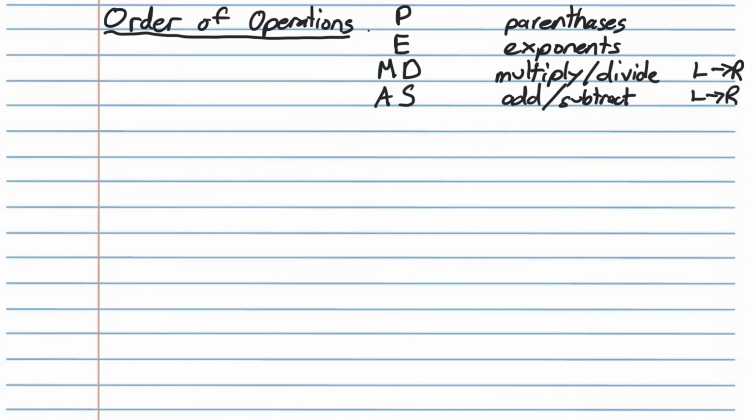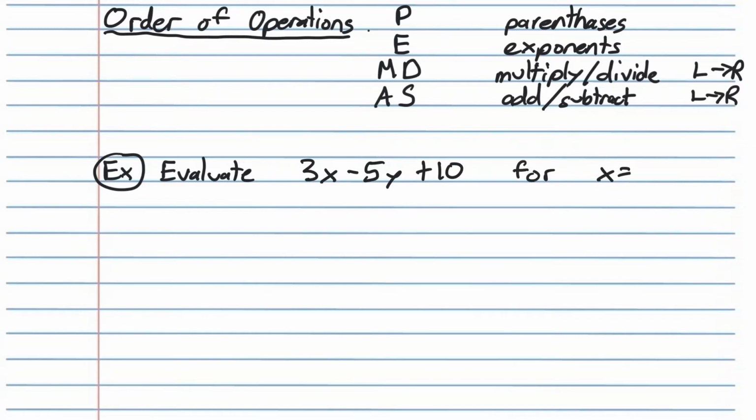So for example, if I were to say to evaluate 3x minus 5y plus 10, but then I'm going to say evaluate it for x is equal to -2, y is equal to -1. So essentially, I'm telling you what the values are. I just want to know what this simplifies to once you plug those numbers in.